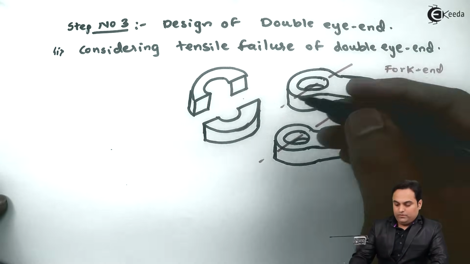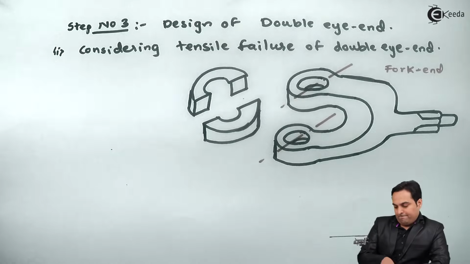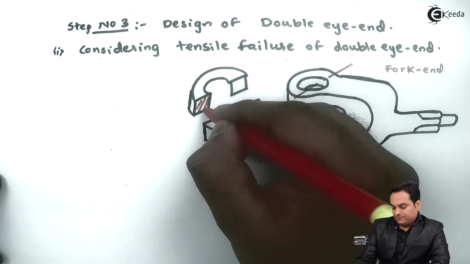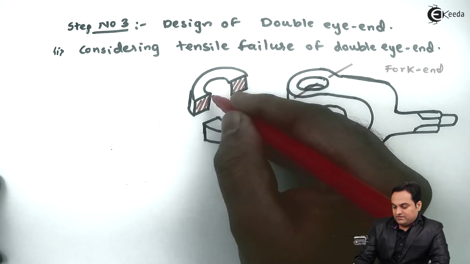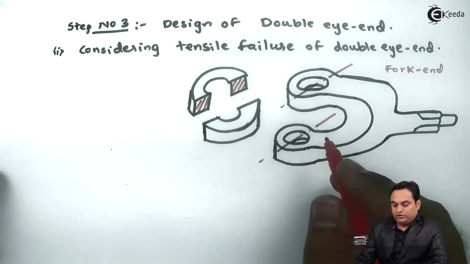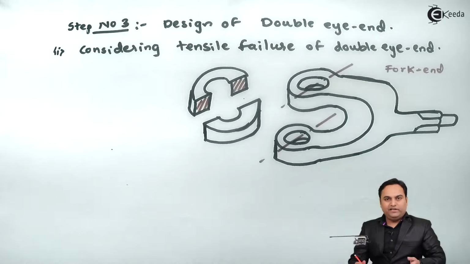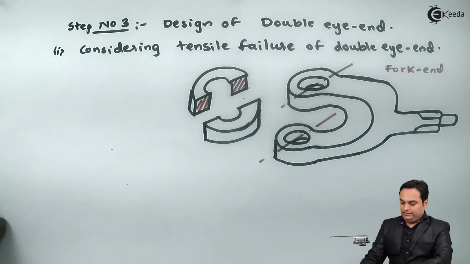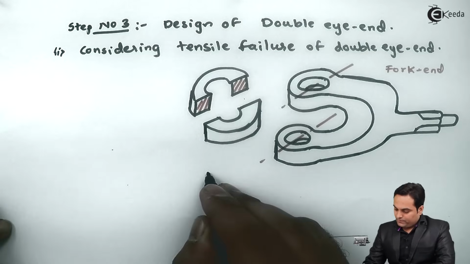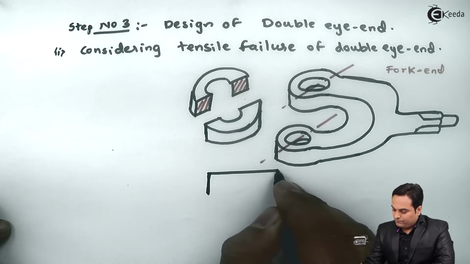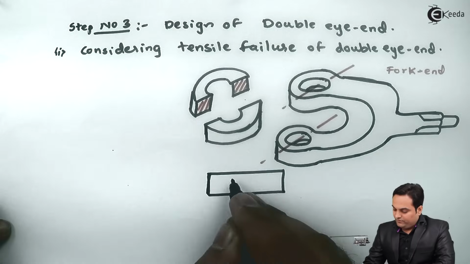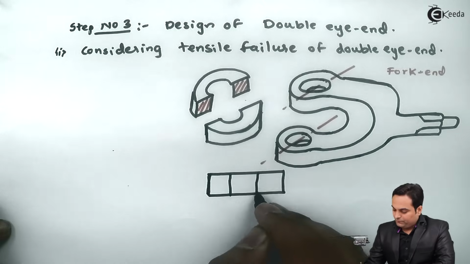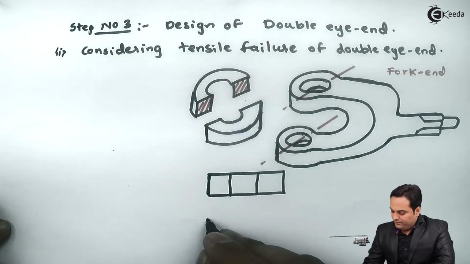This upper eye will break like this into 2 halves, and similar kind of failure we will see at the bottom end also. So there are 2 failing areas. I'll draw that area. One area will be at the top, other will be at the bottom.